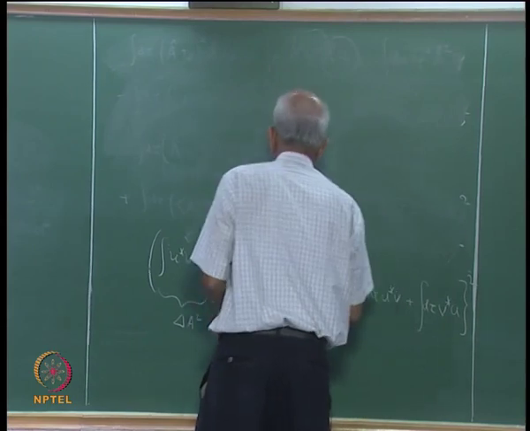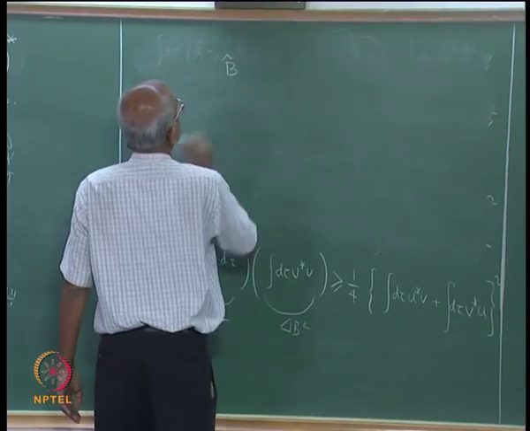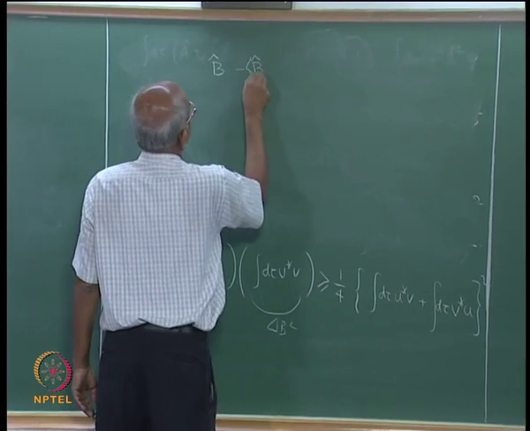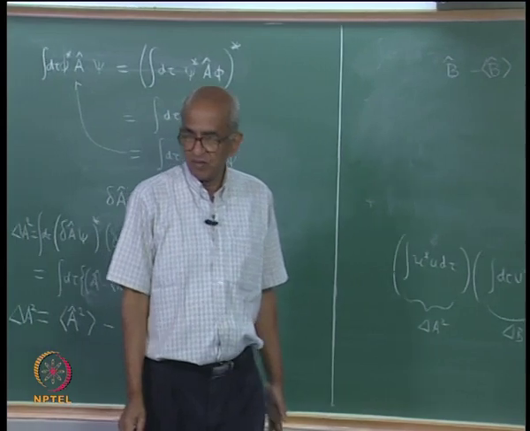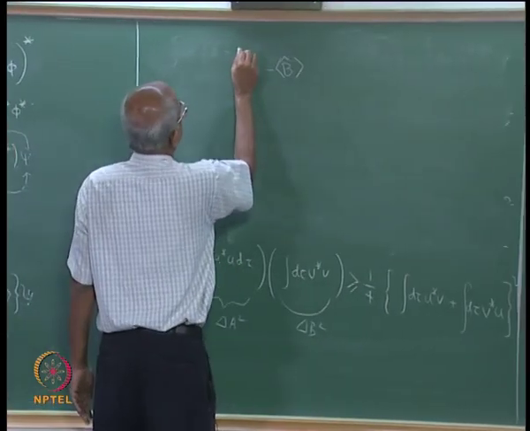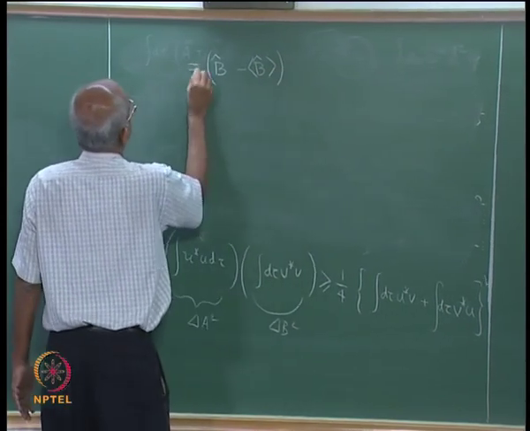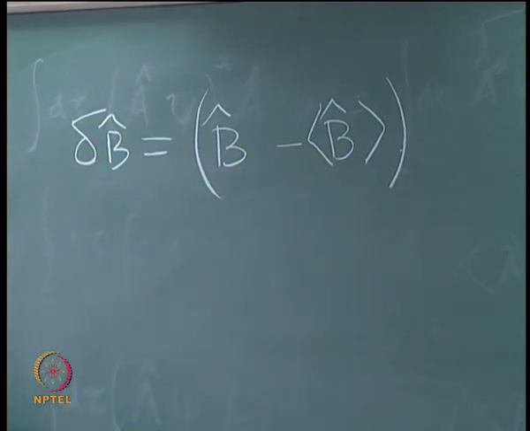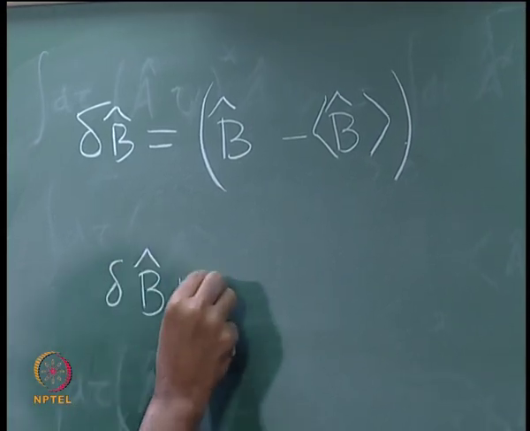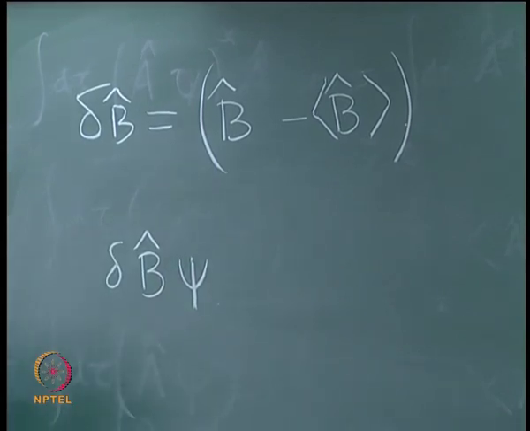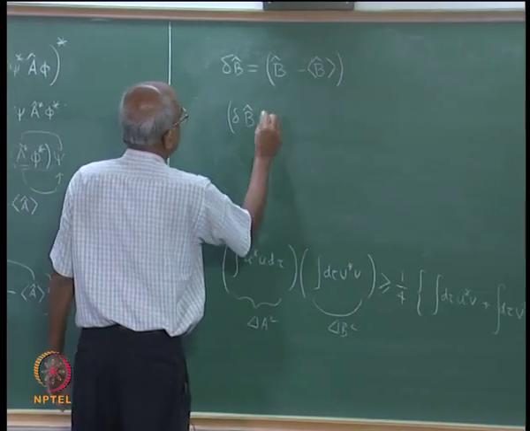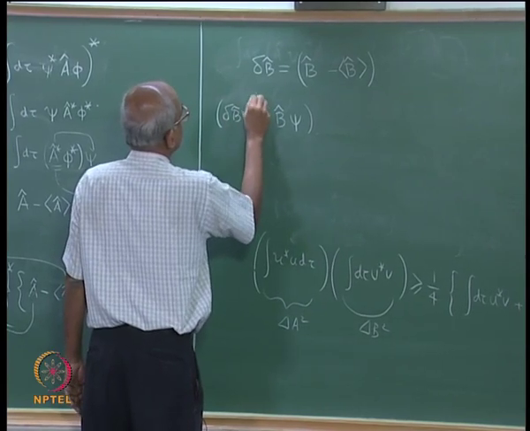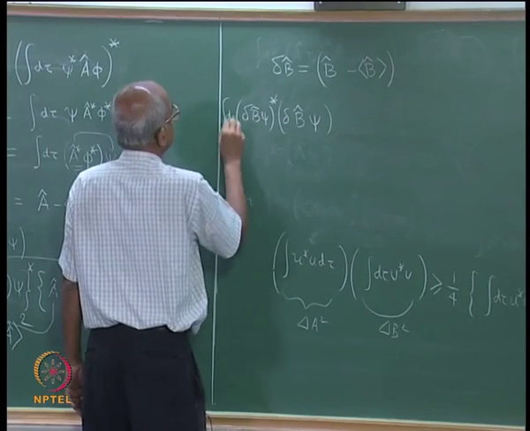suppose I take your operator B and I am going to define something which will be B minus expectation value of B, correct, and I will say that I have delta B which is defined to be this, right, and if this delta B operates upon psi, and delta B operates upon psi once more, you take its complex conjugate, integrate over the entire space, what will happen?